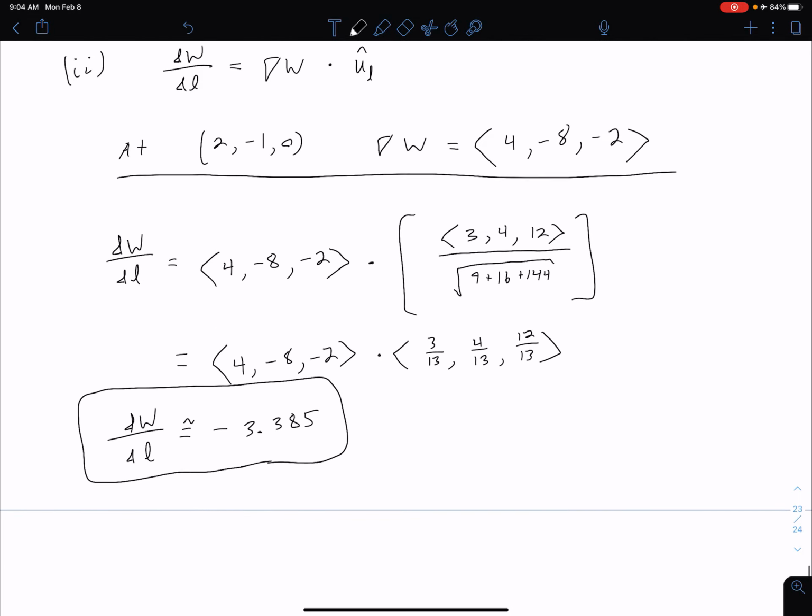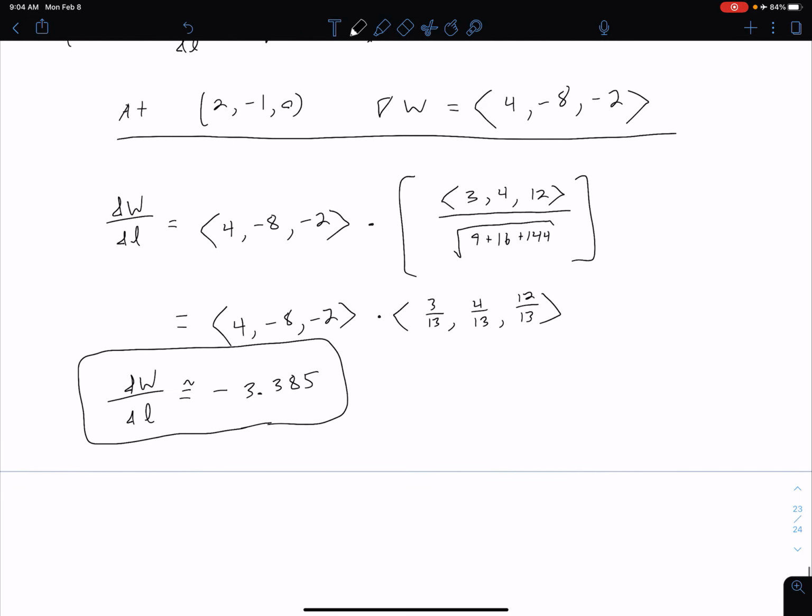As I stated before, if we wanted to find our max rate of increase, we can find the magnitude of our gradient.